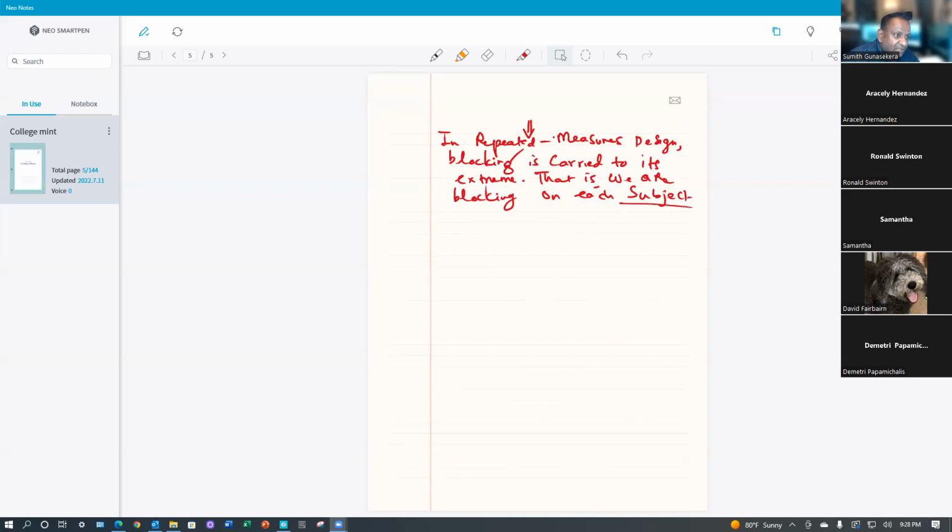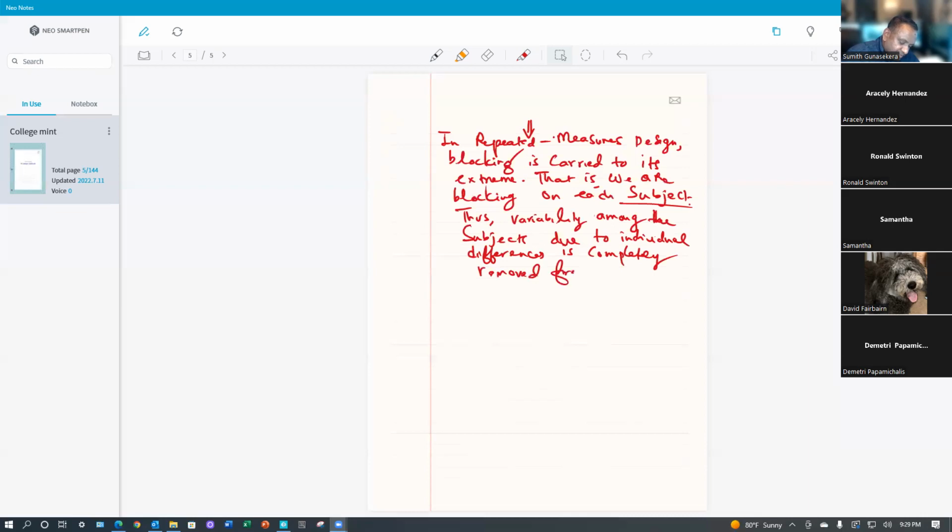Thus, the variability among the subjects due to individual differences is completely removed from the error term.